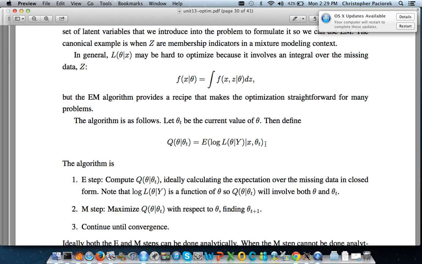And then when I get to the maximization step, I realize that any place I have parameters with a t on them, like here, they're just constants. I leave those alone, and I'm maximizing with respect to these. If you can make sure you keep those two things straight, I think it becomes a lot more straightforward.